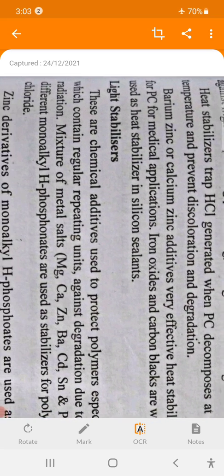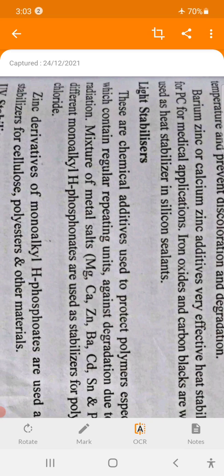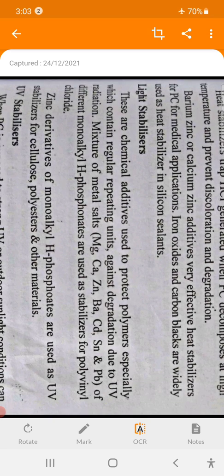The next type is light stabilizers. These are chemical additives used to protect polymers, especially those which contain regular repeating units, against degradation due to UV radiation.